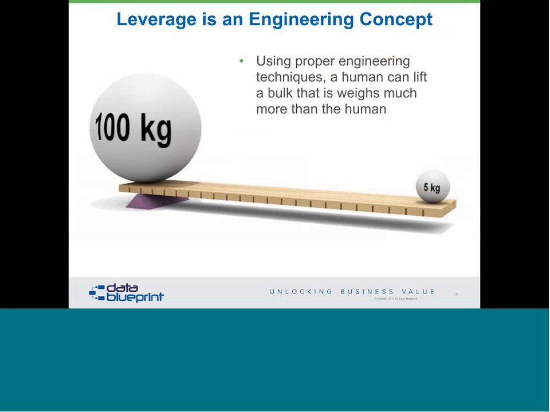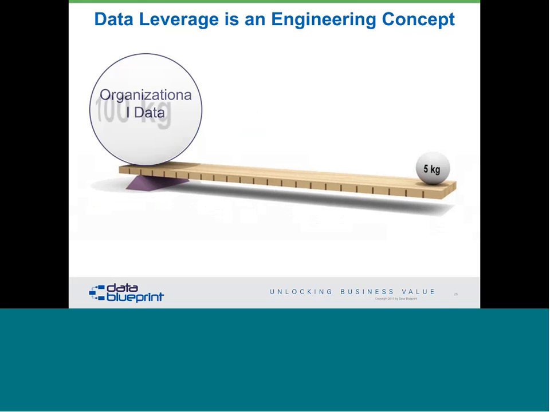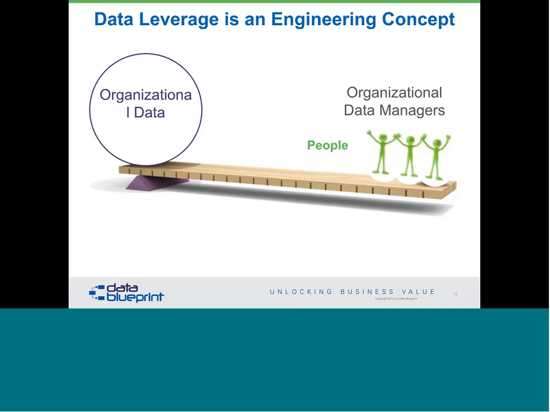With the proper techniques, a human being can lift something that is much more than the human being. Again, if you take it to extremes, an infinite set of tools could lift any amount at all. Now, if we look at this as data leveraging, then what we start to see is we have organizational data, and people on one end of this stick who are trying to do this type of work.